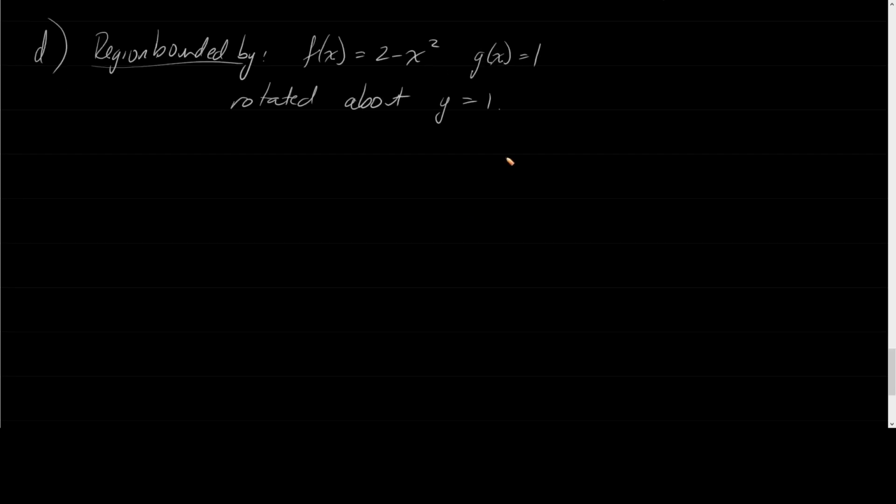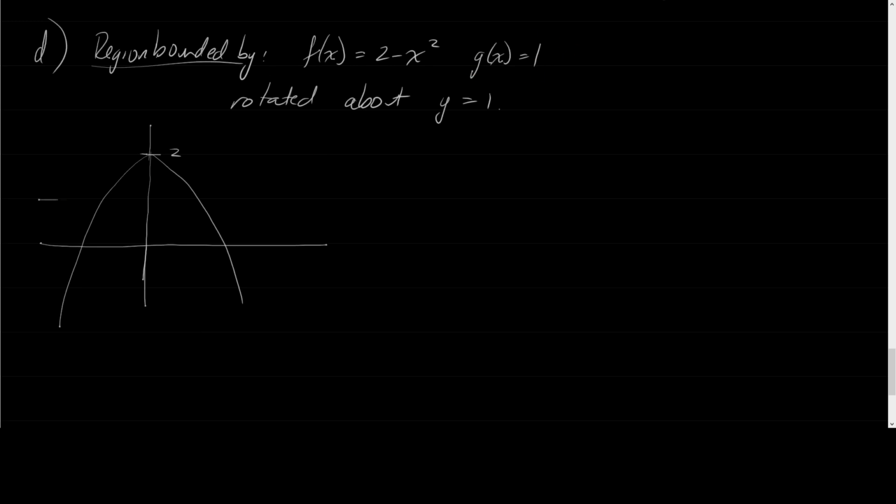Okay, so let's see what we get here. Let's figure out what this region looks like, and then we'll see what we're actually looking for. 2 minus x squared looks like this. It is a parabola where that value there is 2, right? And then g of x equals 1.